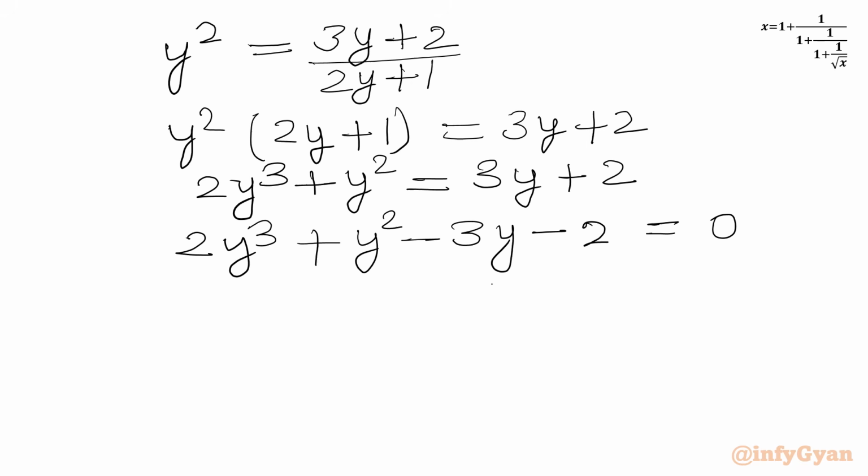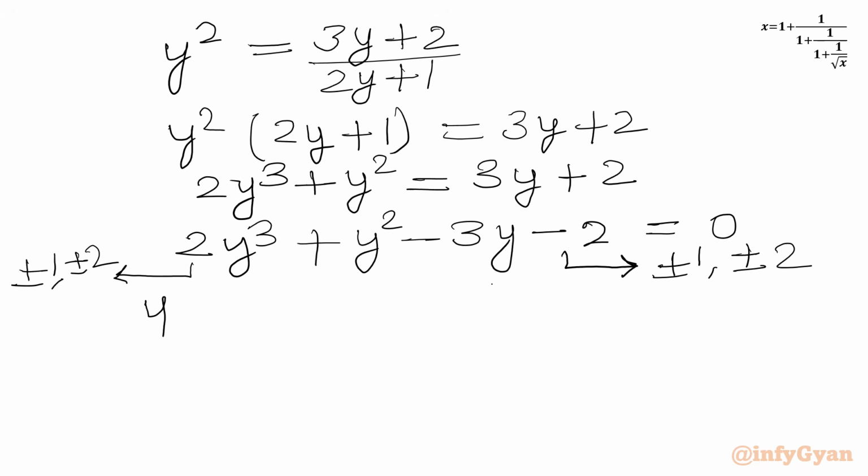I will use the synthetic division method and the rational root theorem. The eligible factors of the constant are plus minus 1 and plus minus 2. The leading coefficient is 2, so plus minus 1 and plus minus 2. Now we take the ratio of constant to leading coefficient.